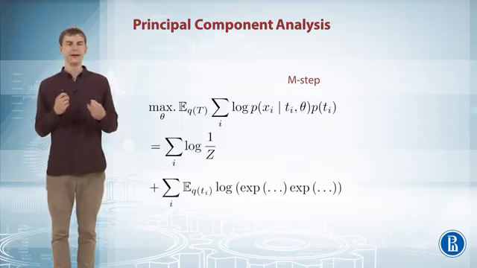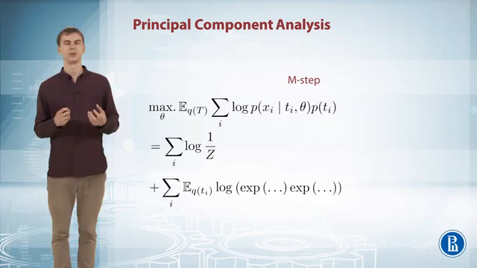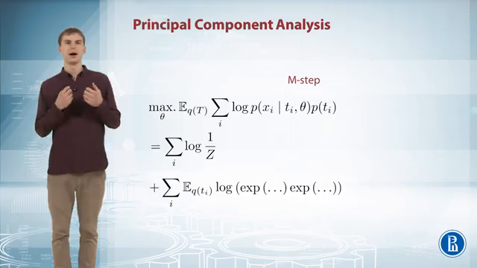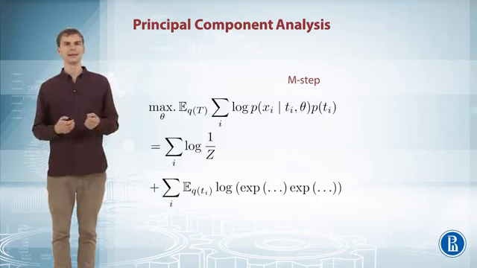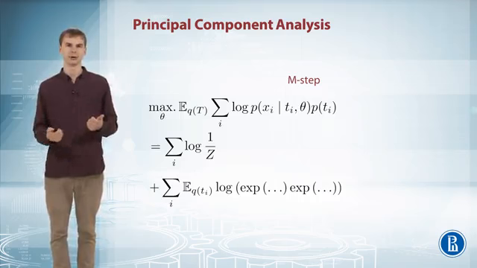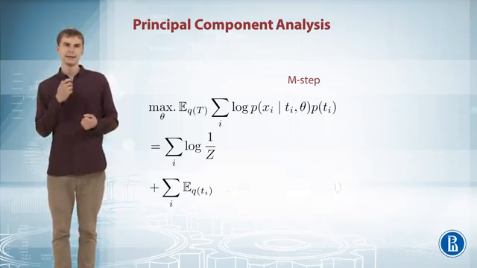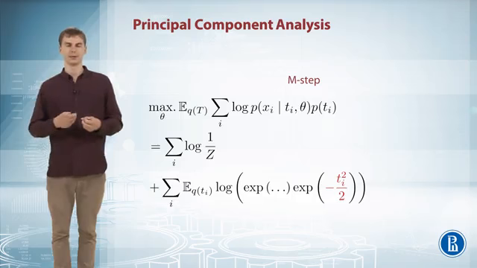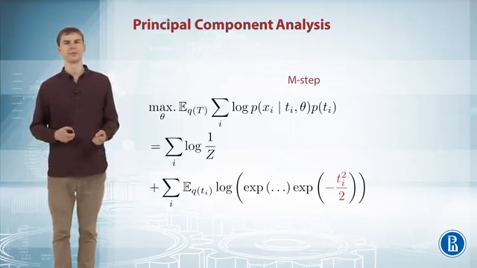So we don't have to find the expected value of the logarithm of 1 divided by z, because it doesn't depend on Ti, and its expected value just equals the logarithm of 1 divided by z itself, right? Then the second term here is the expected value of the logarithm of some exponents. And the second exponent is the prior. It's minus Ti squared divided by 2, in the one-dimensional case, so if Ti is one-dimensional.